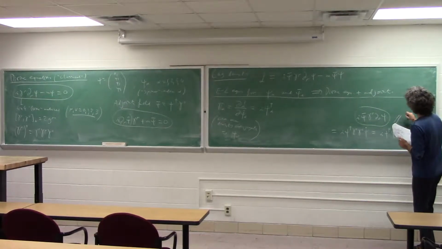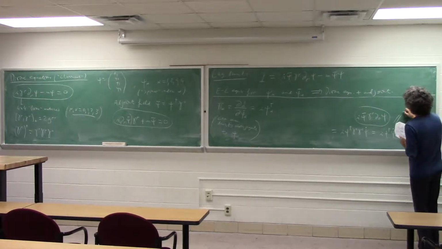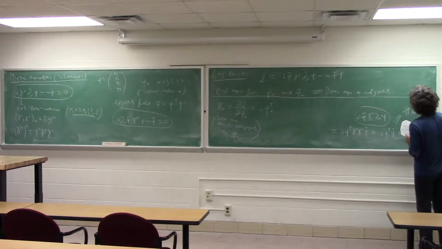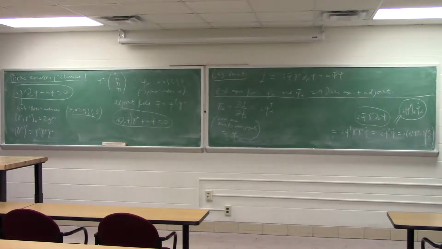I might write this instead, using a summation notation, as psi dagger alpha, psi dot alpha, where the repeated index is summed over. Alpha goes from 1 to 4. It's the same thing.